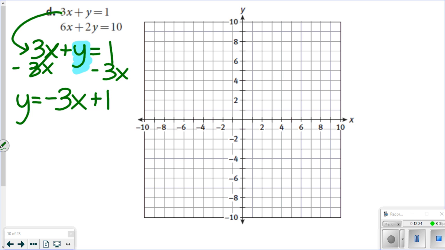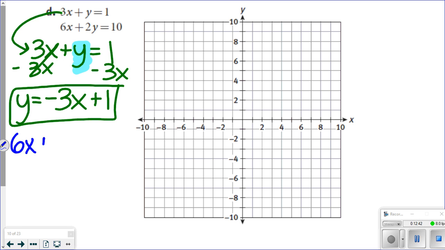Then it's a positive or a plus 1. Actually, before I even graph this, I'm going to go ahead and solve the second one. So 6x plus 2y equals 10.